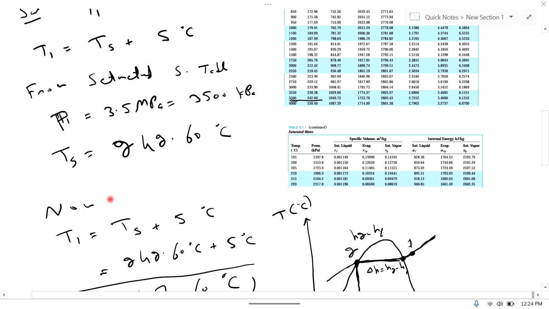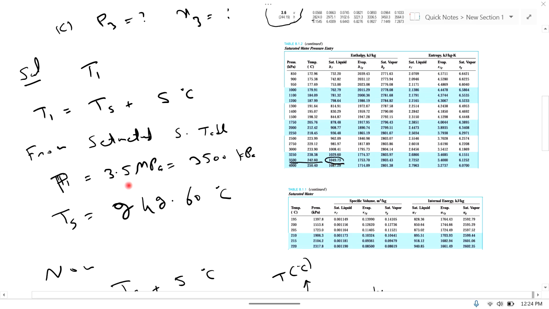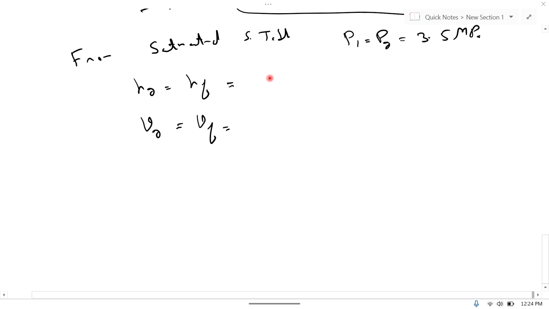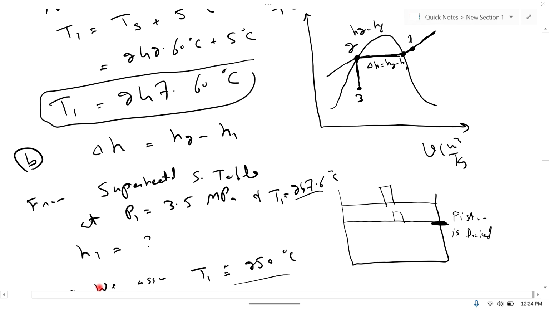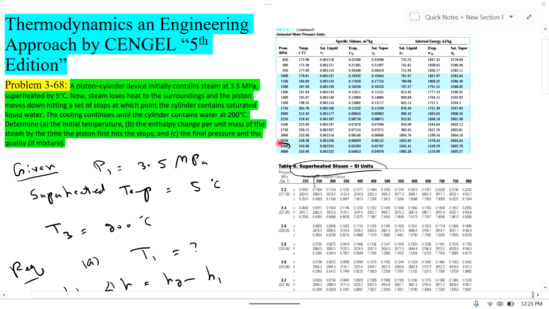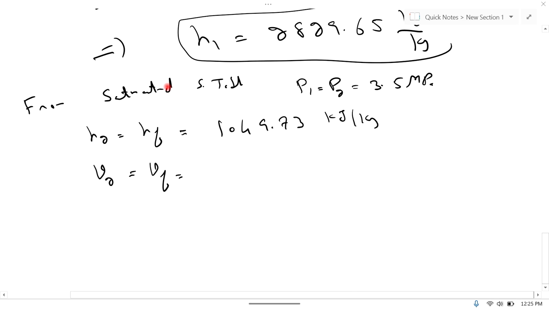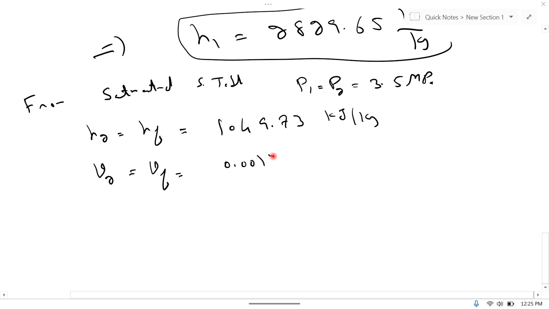There is no need of V2 here, but I find V2 for part C. So at 3500, this is the value of HF, 1049.73 kilojoule per kg, and V2 is equal to VF, which is 0.001235 meter cube per kg.